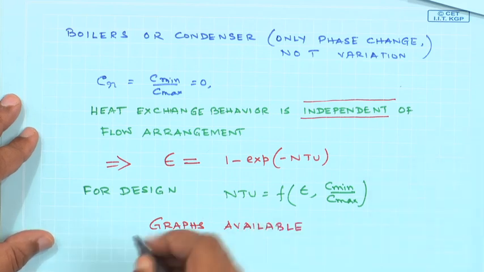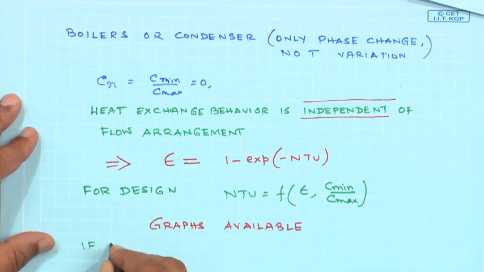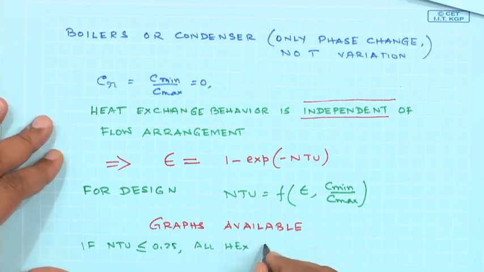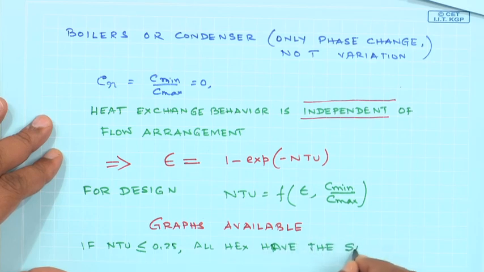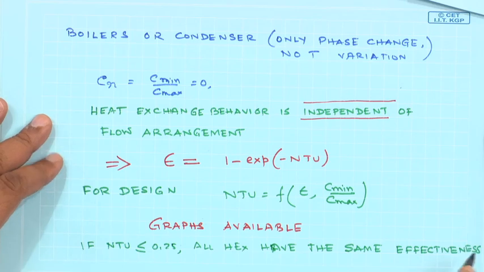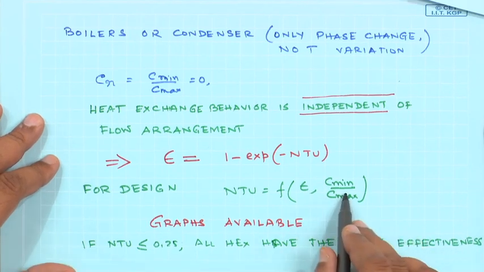I will show you some of the graphs, and if NTU is less than or equal to 0.25, all heat exchangers have the same effectiveness, regardless of the value of CR.